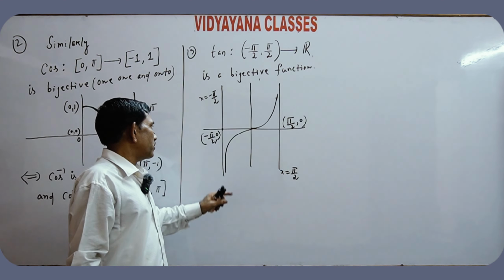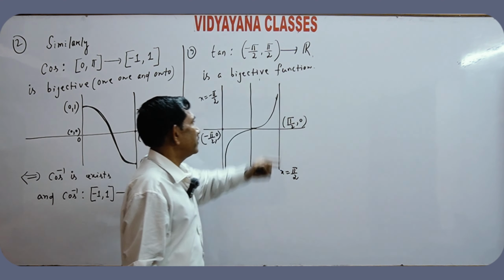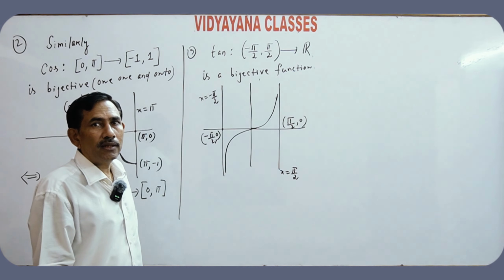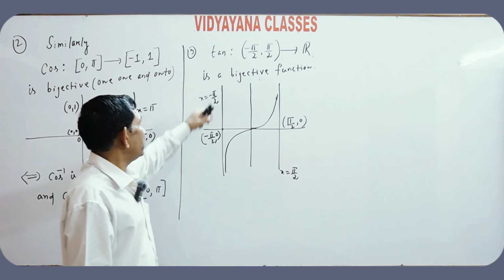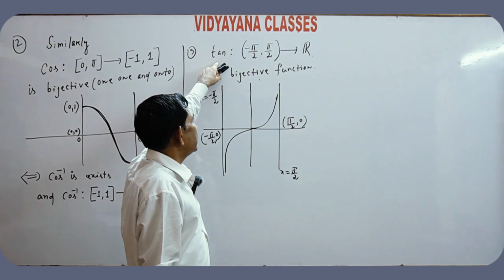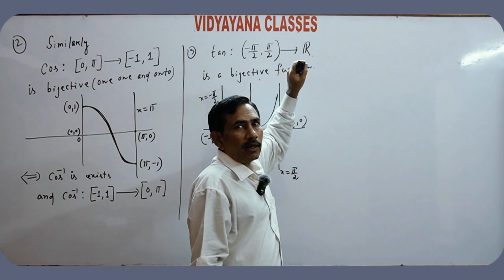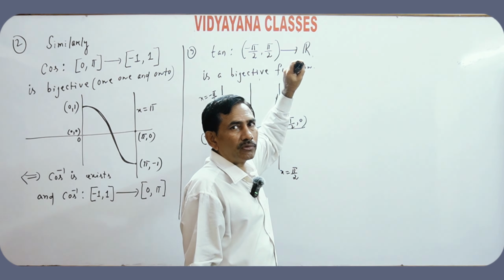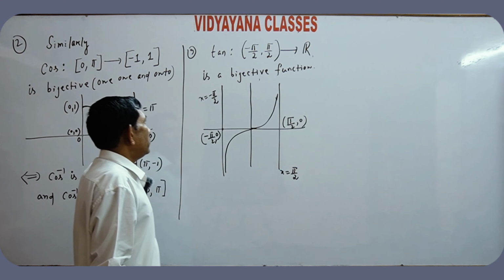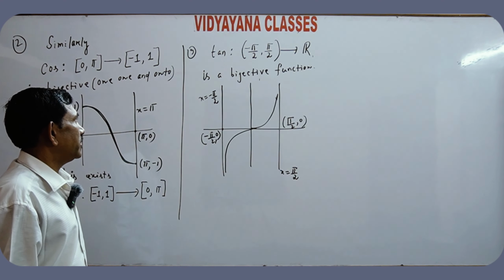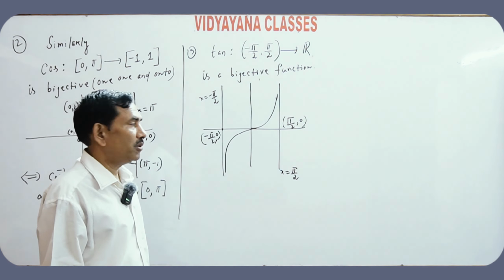The graph shows the function is increasing in this interval. Every increasing or decreasing function is 1-1, and the range of the function, that is tan, is equal to the codomain set. That implies the function is onto. The function is 1-1 and onto. That means bijective. Every bijective function is invertible.